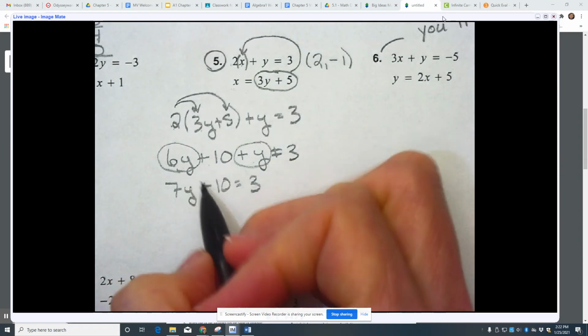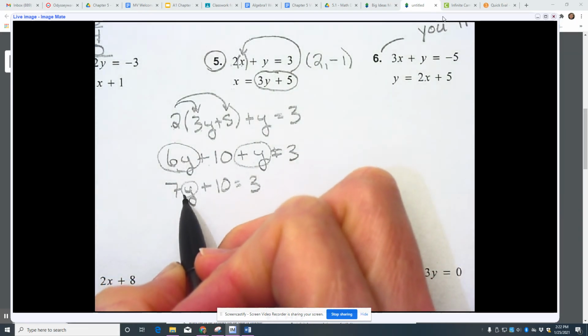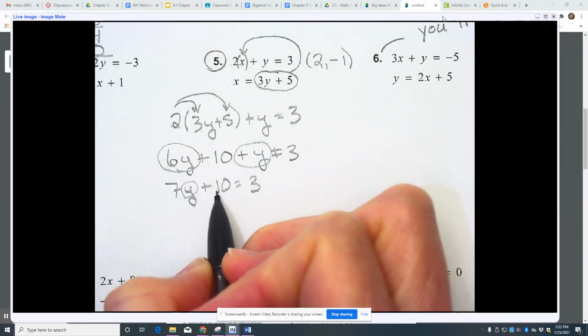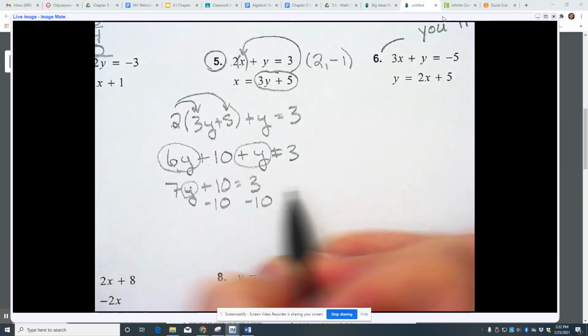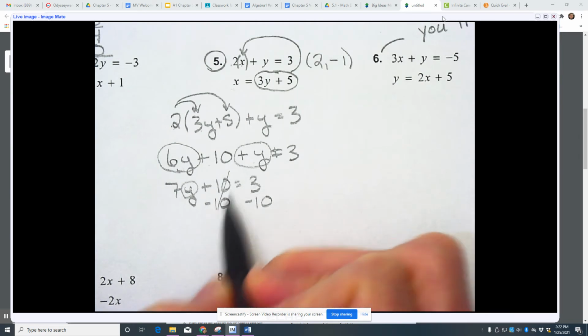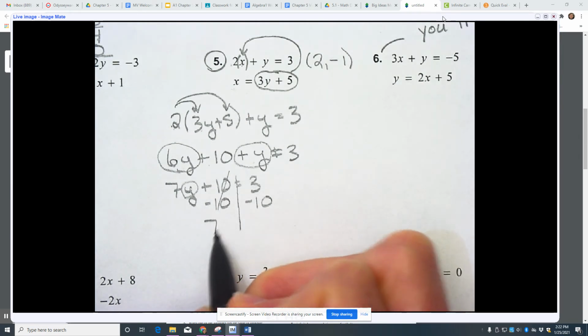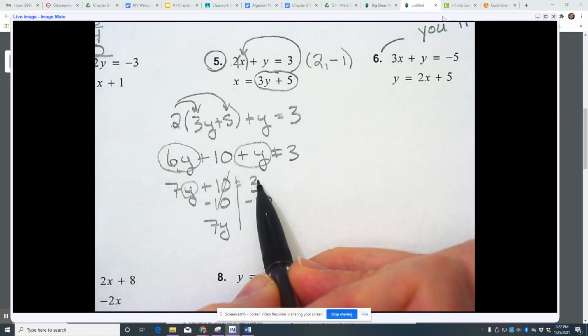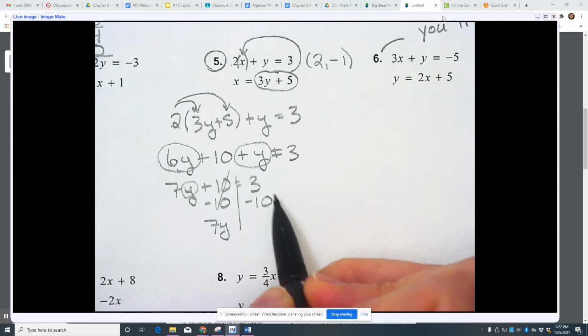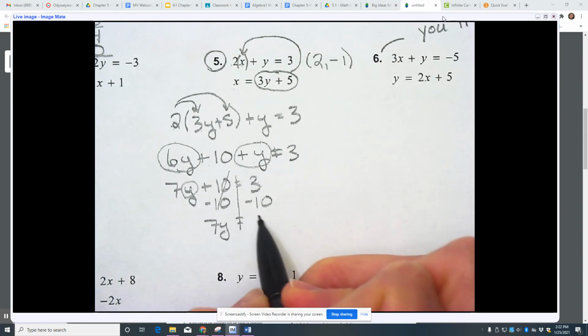Okay, still trying to get y by itself. 10 is furthest from the y, not touching it, so subtract 10 from both sides first. That's 0. So on the left side of the equal sign, I have 7y equals 1 positive, 1 negative, so I subtract 10 minus 3 is 7.